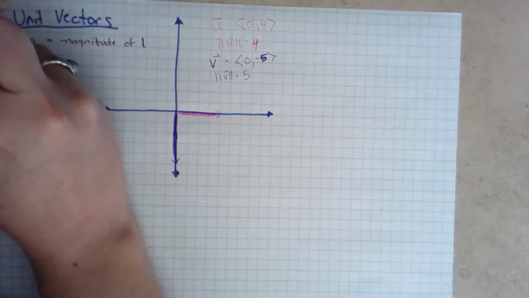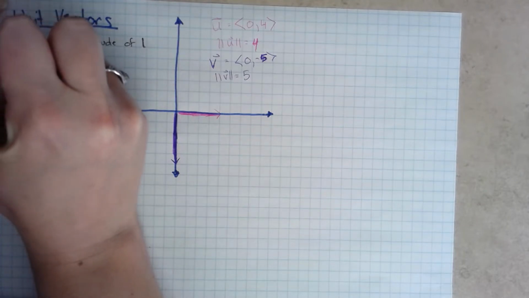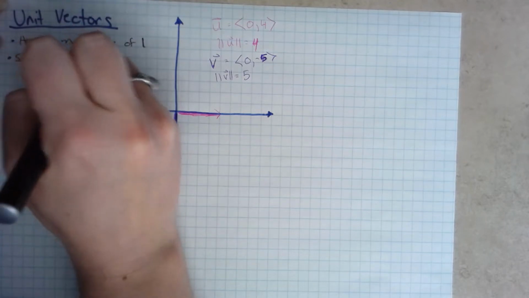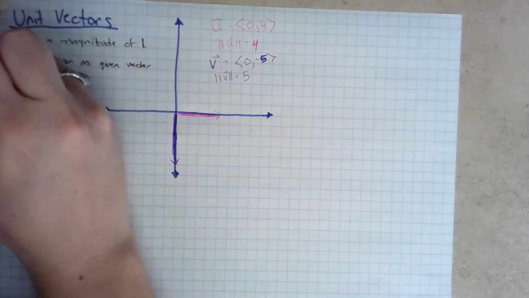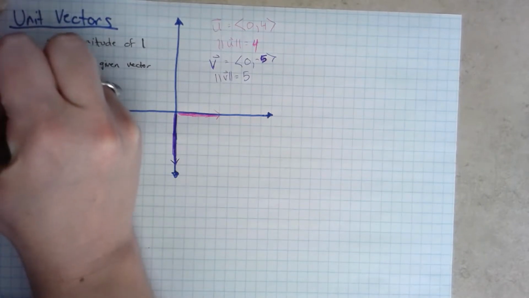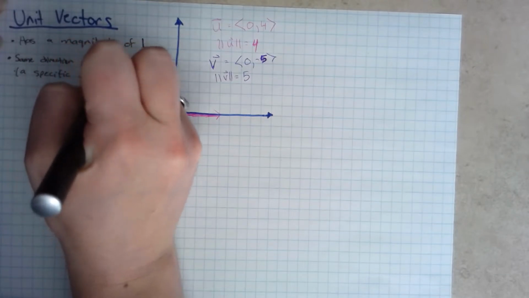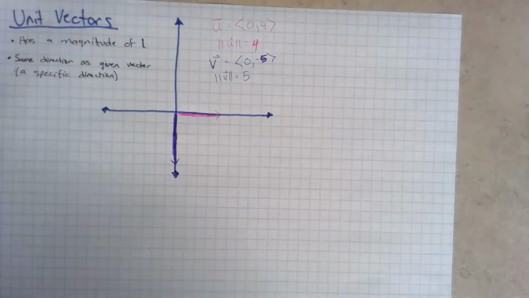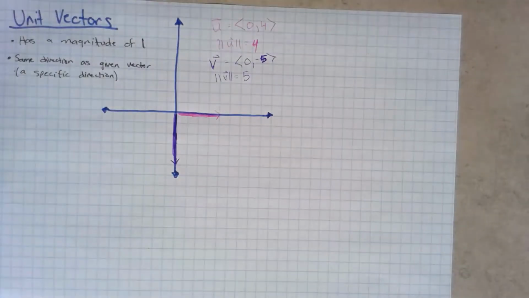Second one, it's going to be the same direction as a given vector, or it's going to have a specific direction. The ones you guys are going to be working on right now is they're going to give you a vector, and it's going to ask you to find the unit vector.